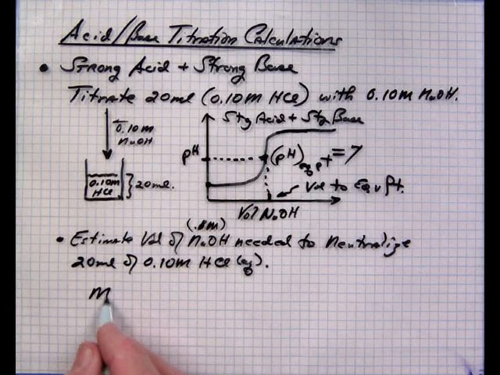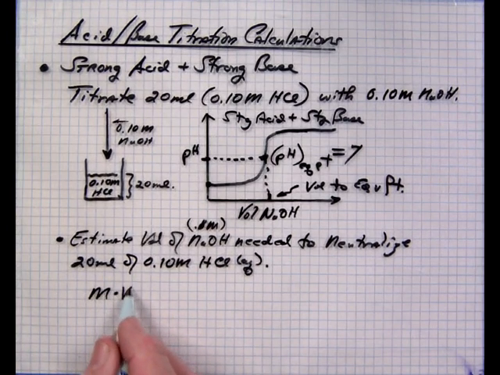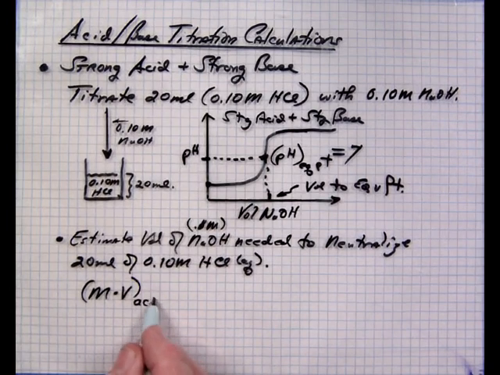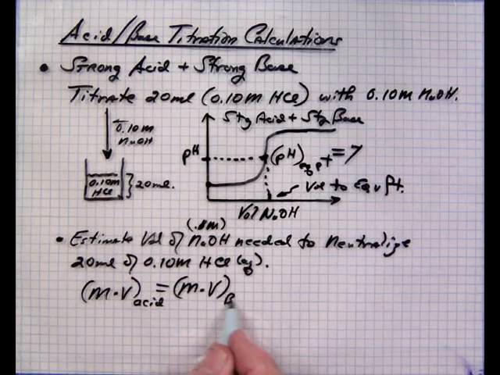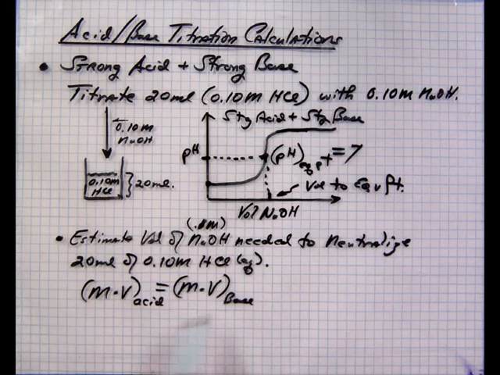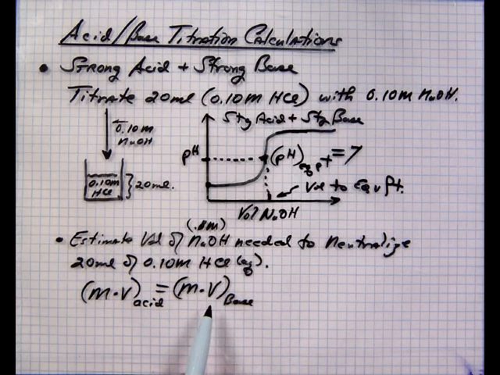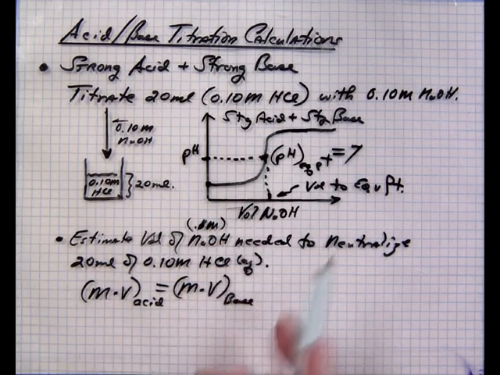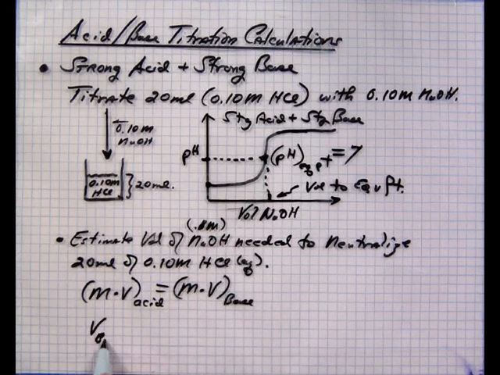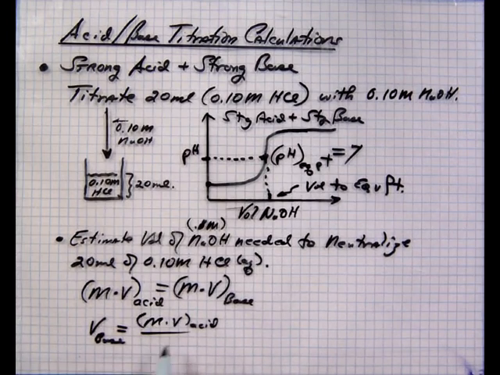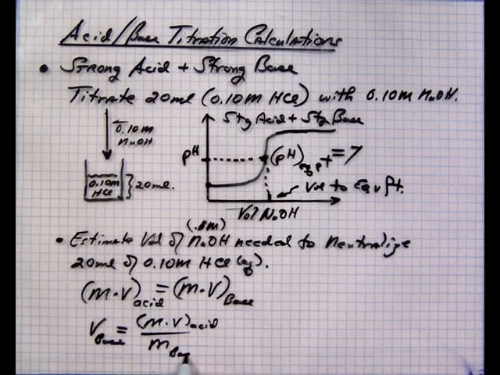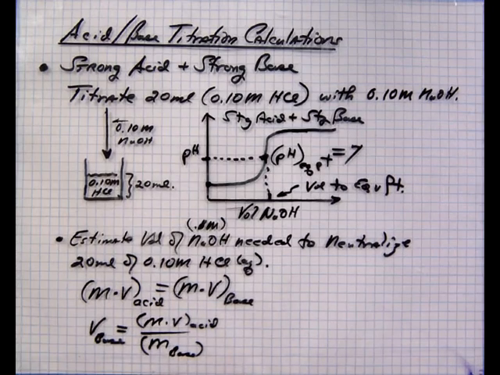Okay, so we know that molarity times the volume of the acid is equal to molarity times volume of the base. And we're interested in determining how much base we're going to be using to reach the equivalence point. So the volume of base is equal to molarity times volume of the acid divided by the molarity of the base that you are going to use.